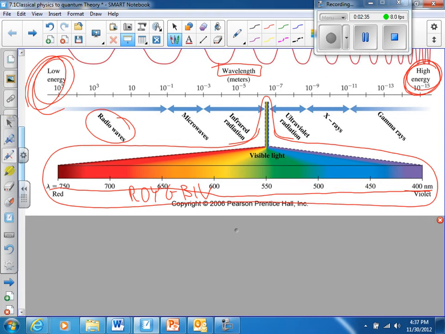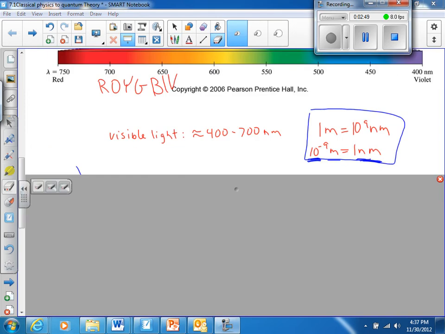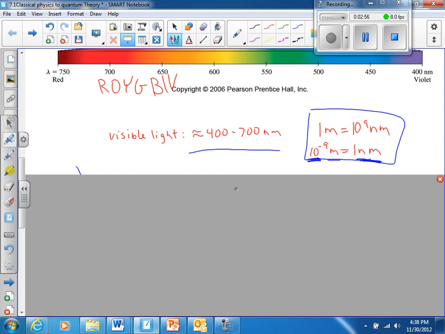The reason you can get distortion on your AM radio when you're driving through a parking structure is because those radio waves can't get through. They're so long, not enough waves get through, and the music gets all distorted. I just mentioned visible light has wavelengths from about 400 to 700 nanometers. And 1 nanometer is 10 to the minus 9th meters, or 1 meter is 10 to the 9th nanometers.